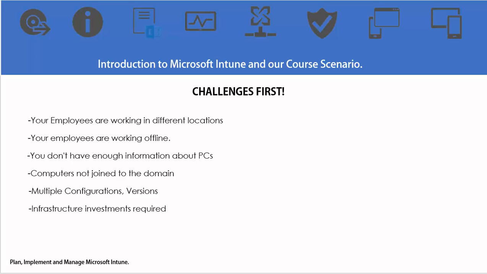You will do it through group policy. But what will happen with the employees who are remote or working offline? It will not be applied. So some computers have a new configuration or new version, and some computers don't. This is another challenge that companies or businesses face on their daily basis.